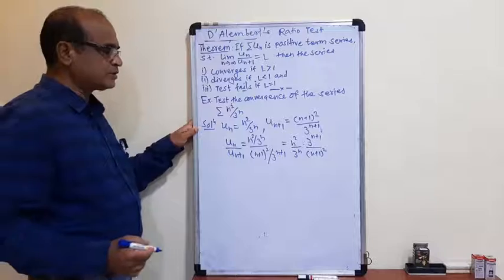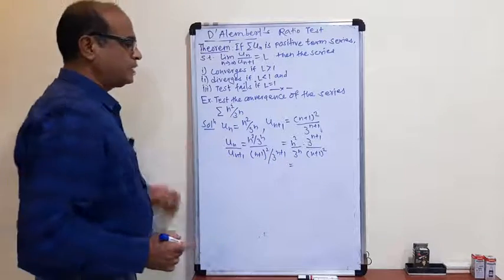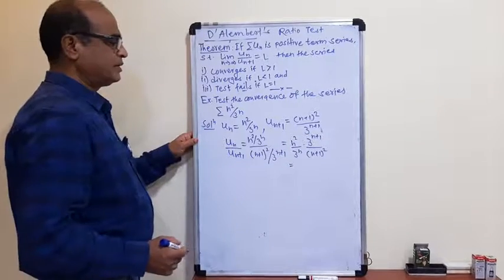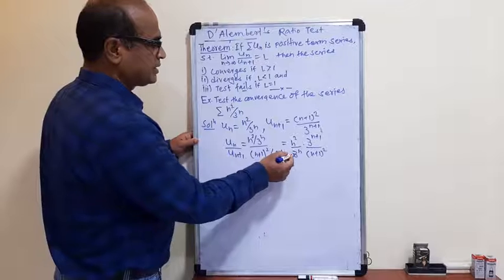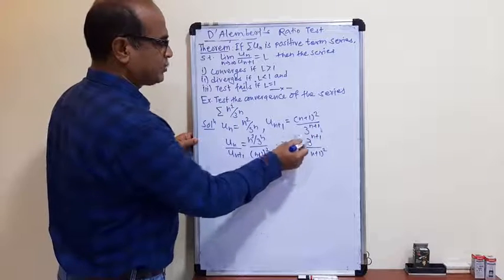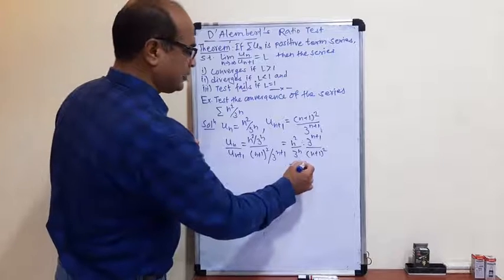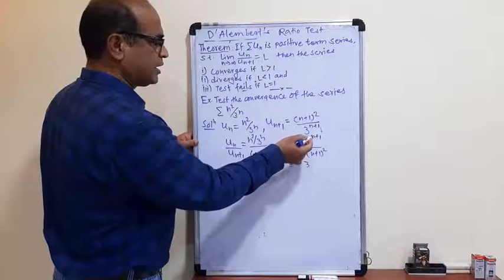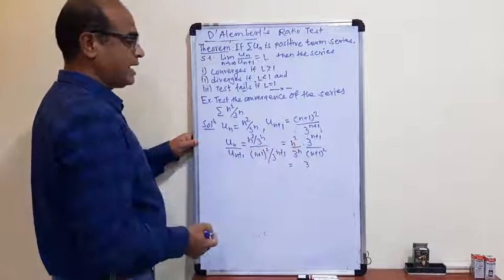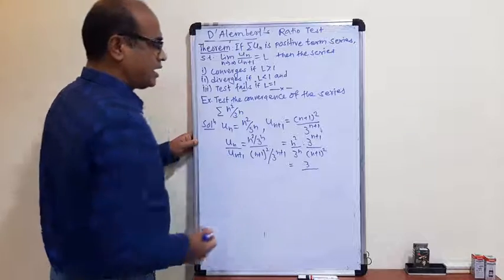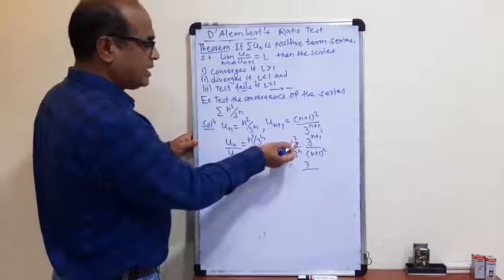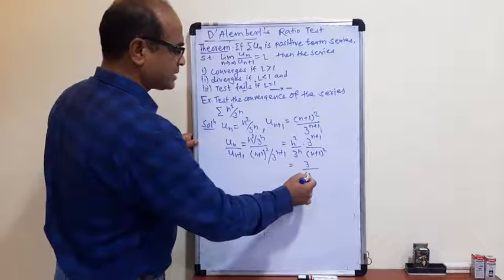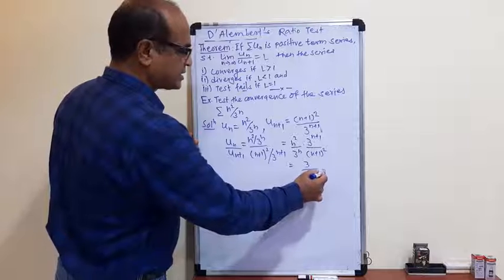Dividing 3 raised to n plus 1 by 3 raised to n, we get 3 only. Dividing by n square in the numerator and n square in the denominator also, this is 1 plus 1 upon n bracket square.